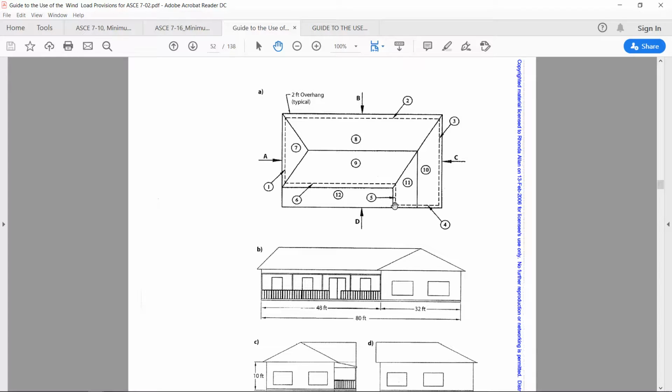Here wall 5 will also be treated as windward. Wall 3 will be leeward, and walls 2, 6 and 4 will be side walls.